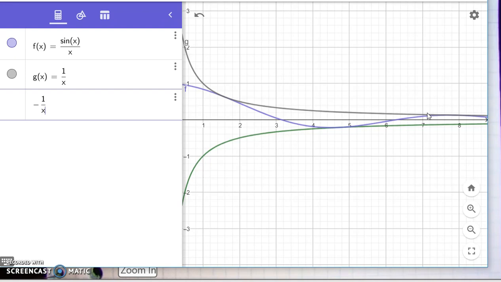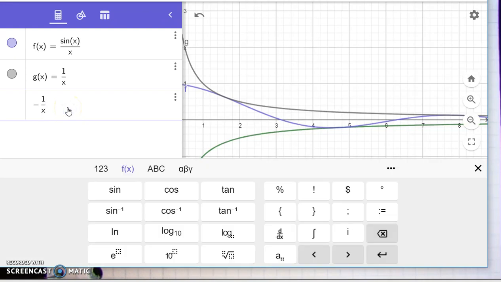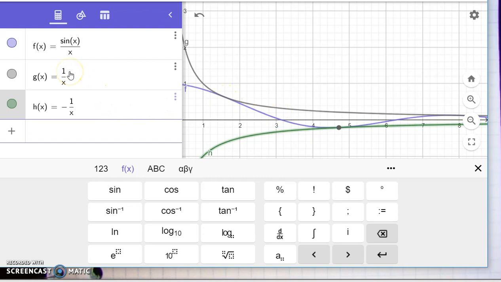And it's the same with negative 1 over x. So sine x over x is kind of complicated, but we know that it always has to lie between 1 over x and negative 1 over x. Because we know that 1 over x and negative 1 over x converge to 0, and this will never be bigger than either of them, by the squeeze theorem, we know that this is going to converge to 0 also.